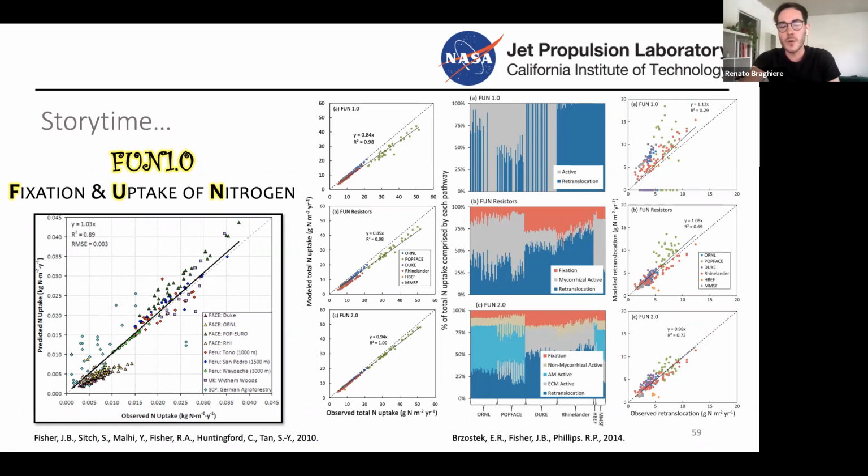Like, for example, we know that plants are very good at changing stoichiometry. So plants may adapt how much phosphorus and nitrogen they use to support photosynthesis. And we can see a general trend of leaf phosphorus and nitrogen going down with time. This is measured, this is observed.